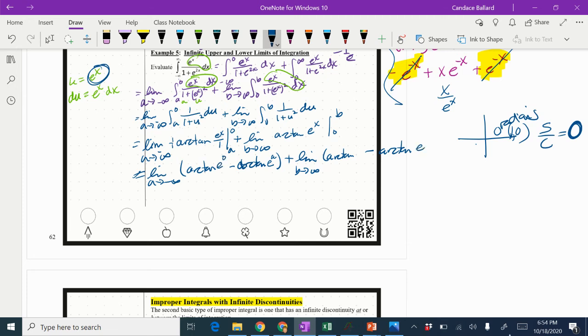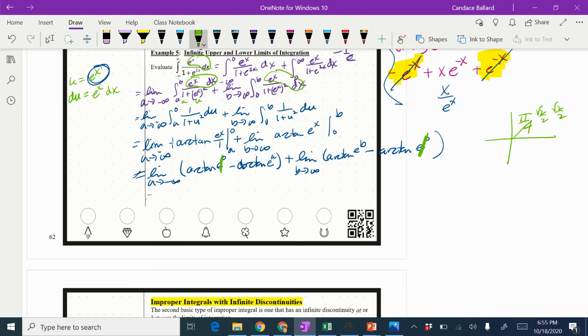This should have been arctangent of e to the 0, e to the b. Okay, let's rethink that. So we know that anything to the 0 power is 1. So we need to know where arctangent is equal to 1. Well, we know that happens when we have square root of 2 over 2, square root of 2 over 2, which happens at pi over 4.